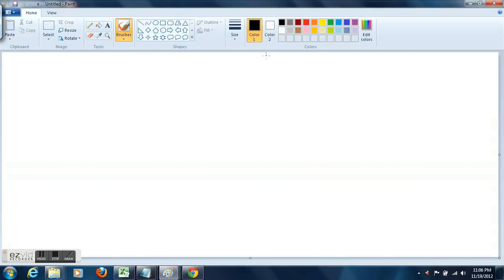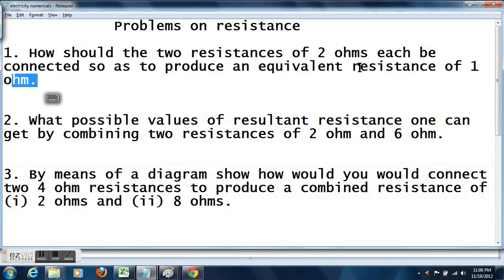So here one thing is very interesting. Individual resistances are 2 ohms each, whereas the resultant resistance will be 1 ohm, which is less than any individual resistance.